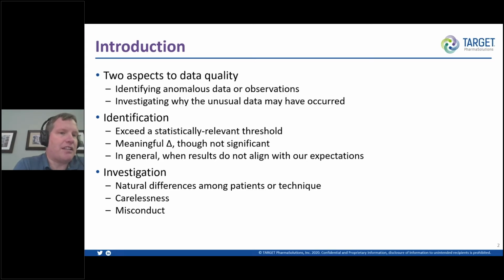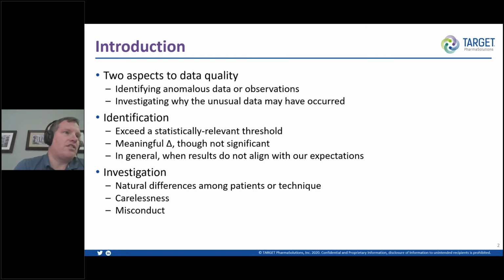But also identifying these issues may just boil down to when results do not align with our expectations. So if we do an analysis and it conflicts with what we've seen in the literature or just doesn't make sense based on our scientific understanding of the problem, there may be some investigation that's required into what's going on.